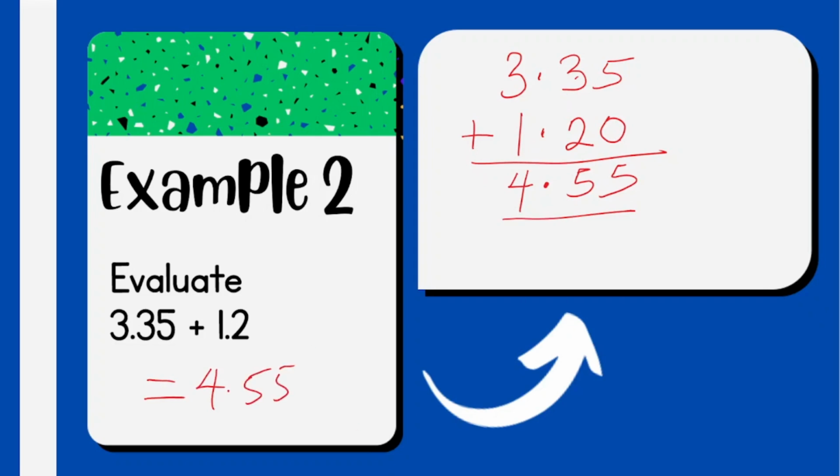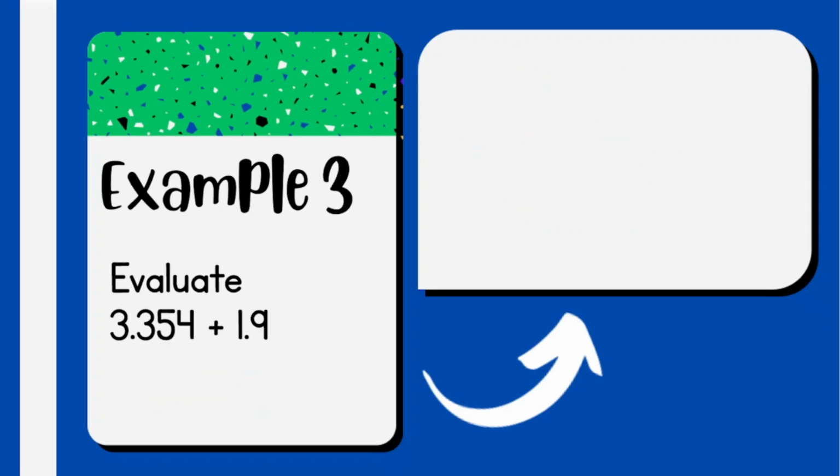So let's look at the third example that we have here. This is supposed to be subtraction. All right.